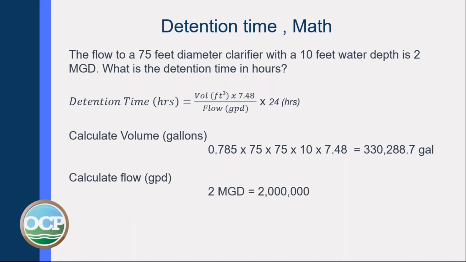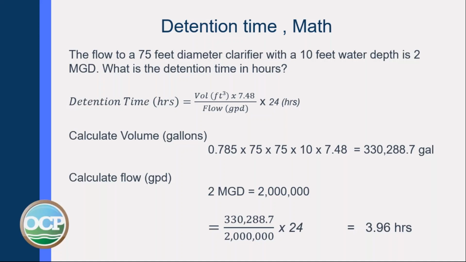Your flow in gallons per day, we said it's 2 million gallons a day. 2 million gallons a day equals 2 million. You must put it in with all the zeros. So you take your 330,288.7 gallons divided by 2 million.